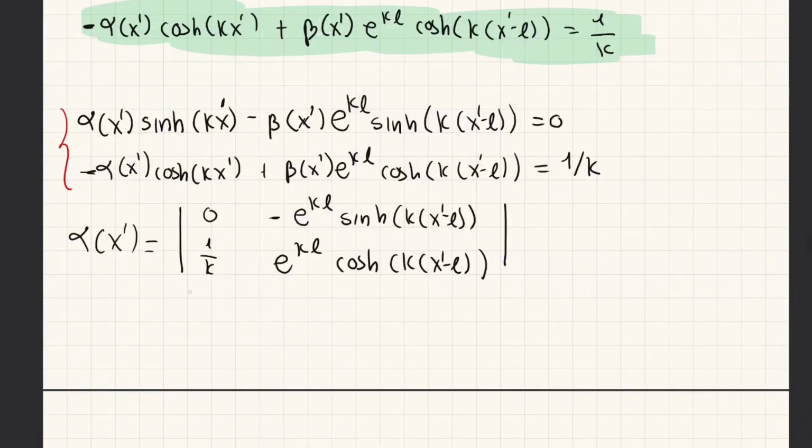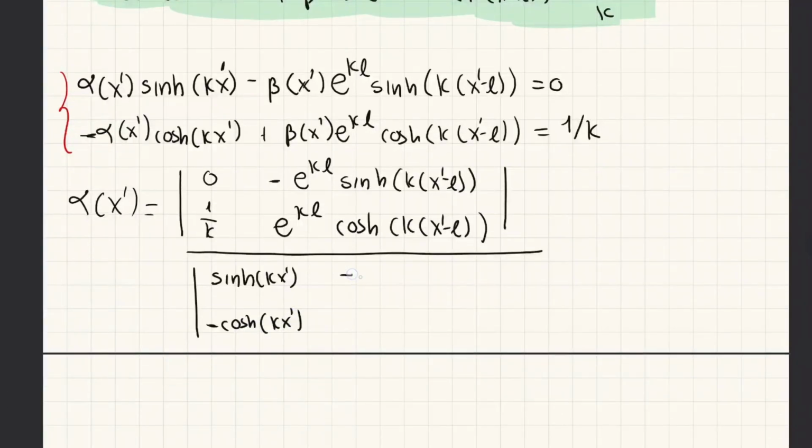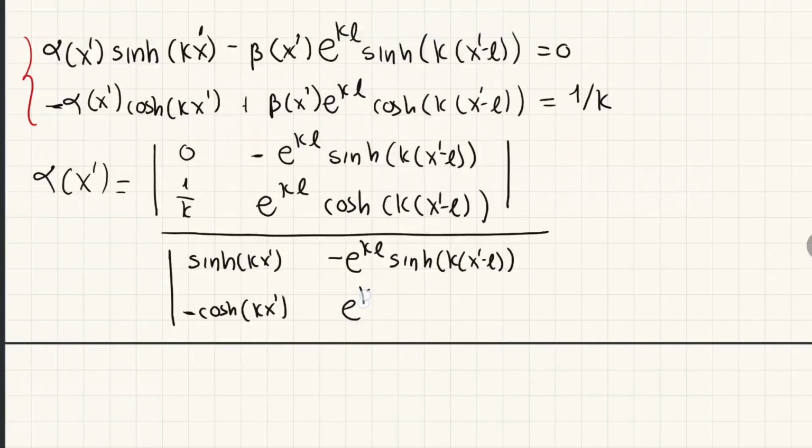Okay, and then this is divided by, well, the determinant of the hyperbolic sine of kx prime, minus the hyperbolic cosine of kx prime, minus e to the kl, the hyperbolic sine of k times x prime minus l, and then e to the kl cosine of k times x prime minus l.